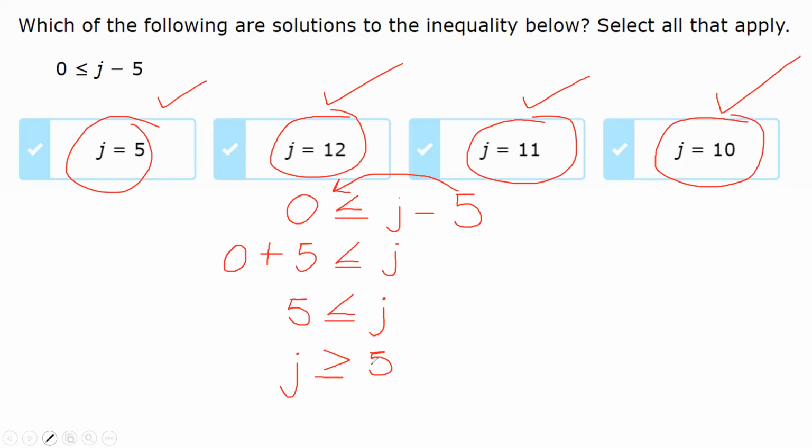We move the 5 to the 0, changing the -5 to +5, and we add to the 0, which is 5. And that means 5 is less than or equal to J. I mean, J is greater than or equal to 5. That's why we select all.